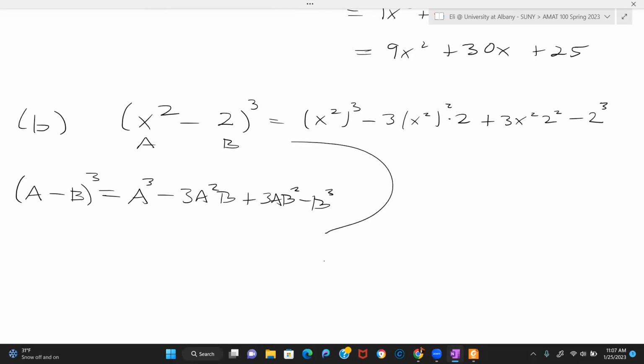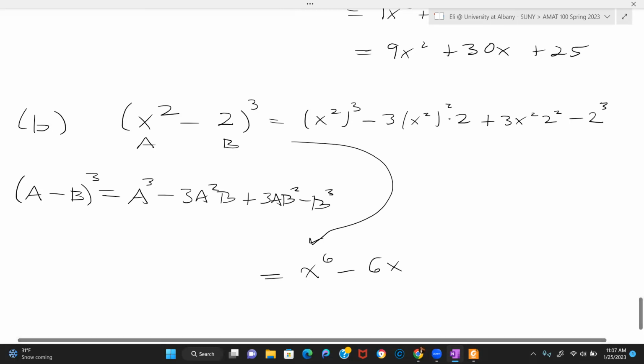And then let me just bring this arrow down, so this will be equal to x to the 6th minus 3x to the 4th. Sorry, it's not quite that, there's this 2 over here, so it's going to be 6x to the 4th.